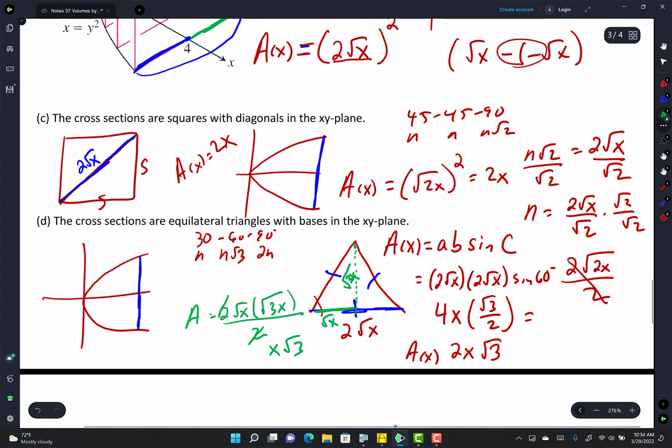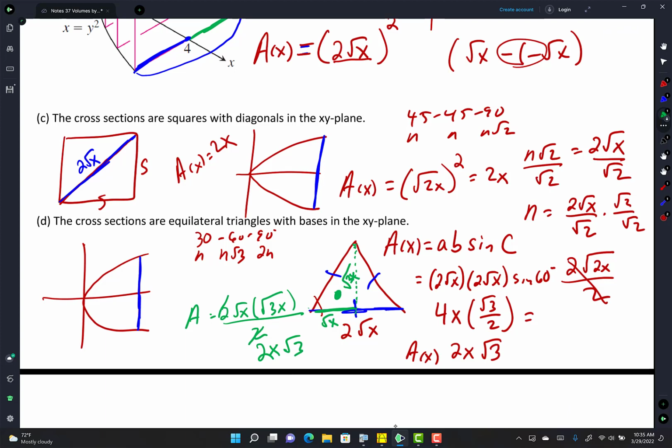Yeah, what happened? Base times height divided by 2. Did I mess up? That's square root of x. That's square root of 3 times square root of x. Well, that's only half the triangle. Times 2. Oh yeah, that's only half. That's just this triangle. Times 2. There it is.